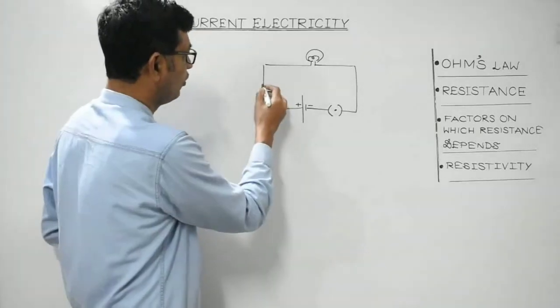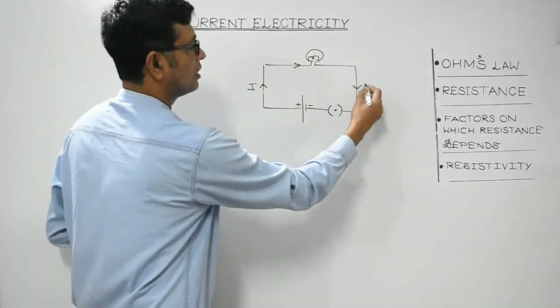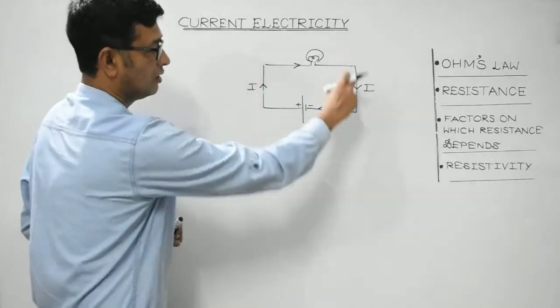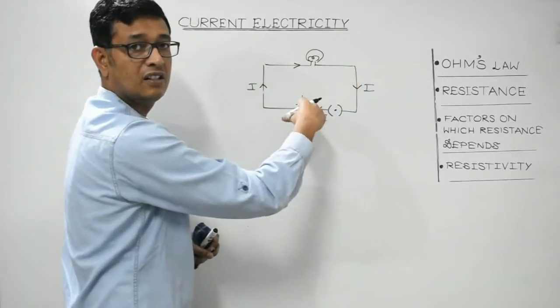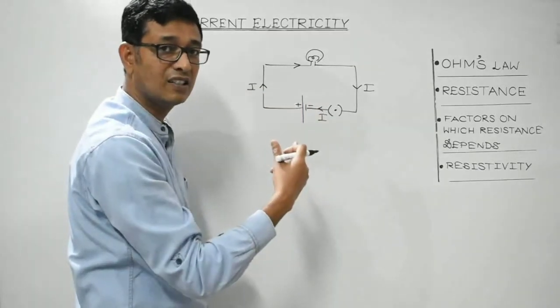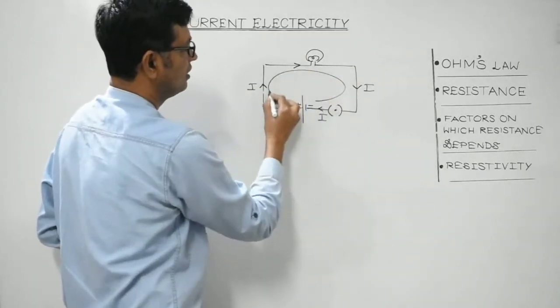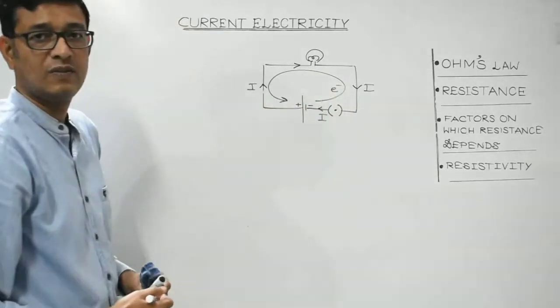Now, current will flow from the positive terminal to the negative terminal. This is the direction of the conventional current. But in order for the flow of conventional current, the electrons must flow in a particular direction. And the direction of the electronic current is from the negative terminal to the positive terminal. This is the direction of the electronic current, that is, the electrons.